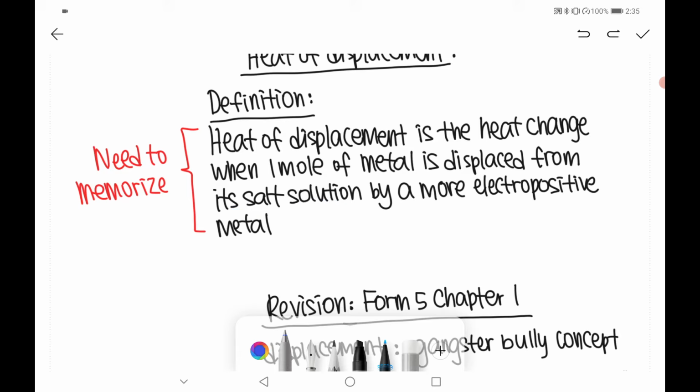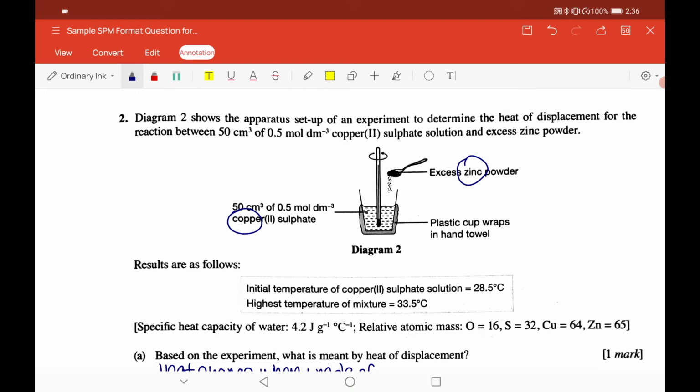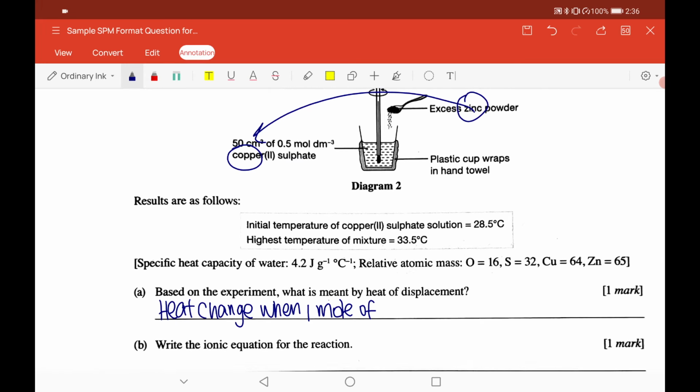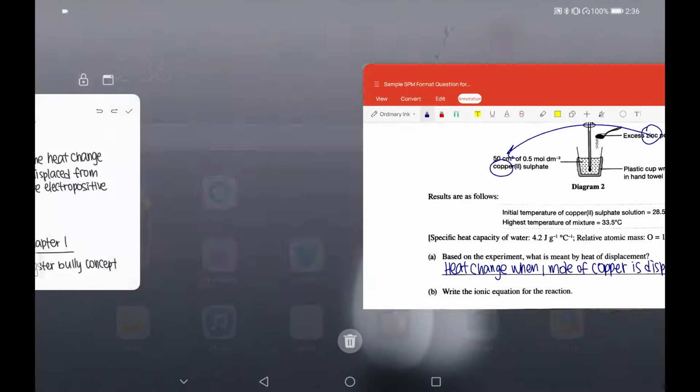So zinc is higher than copper in ECS. So zinc is a more powerful gangster. So when zinc is more powerful gangster, zinc will kick the copper out from the solution. So we want to kick out the copper. So when 1 mole of copper is displaced, so we kick the 1 mole of copper. Where do we kick out the copper?